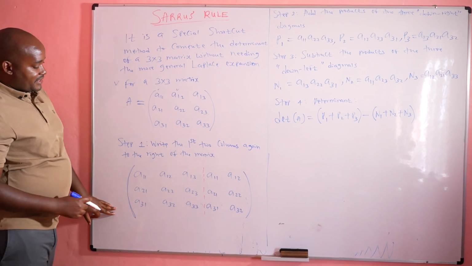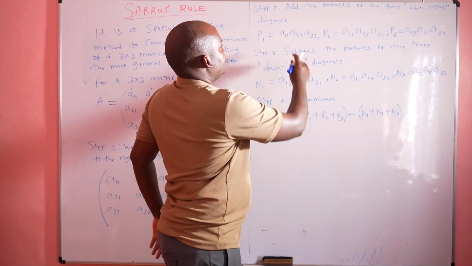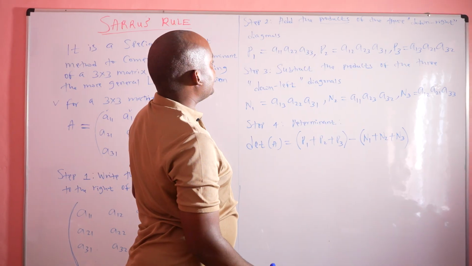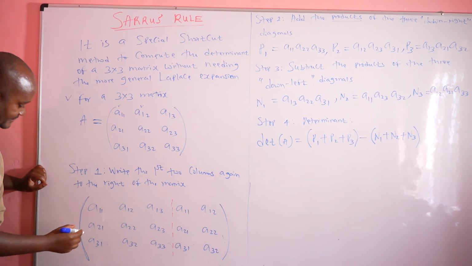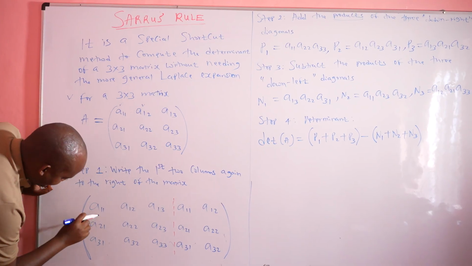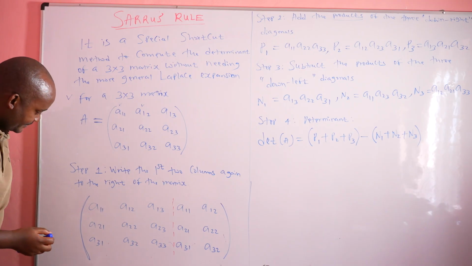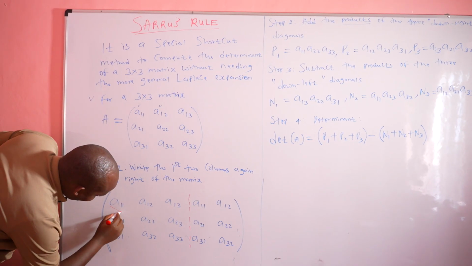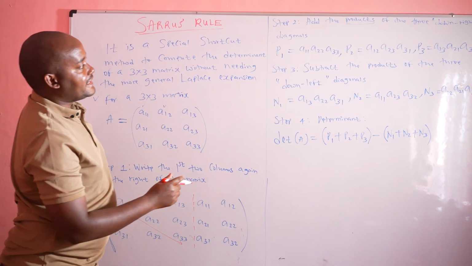So what is step number 2? Step number 2, we add the products of the 3 downright diagonals. By downright diagonals, we mean this. If you draw this line, this is an example of a downright diagonal, and there are 3.